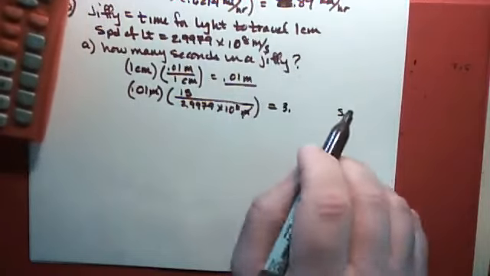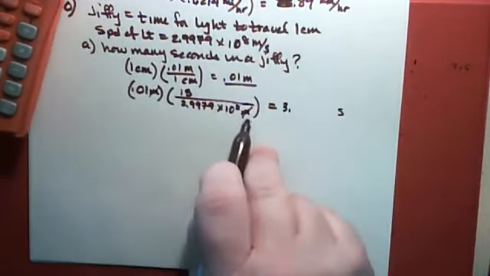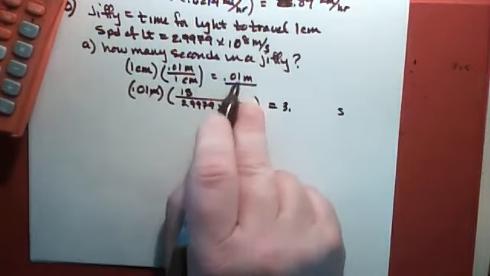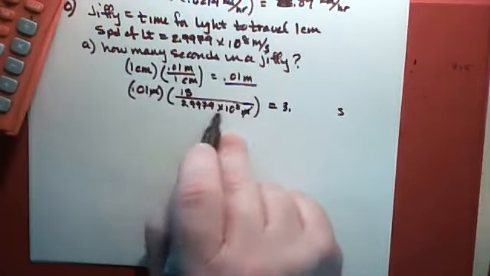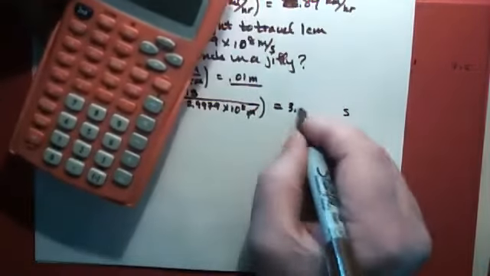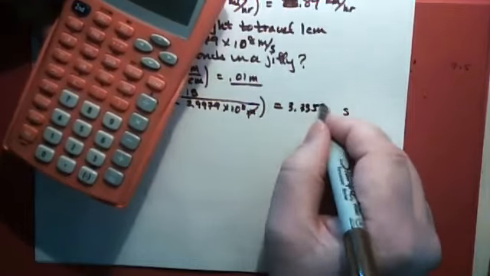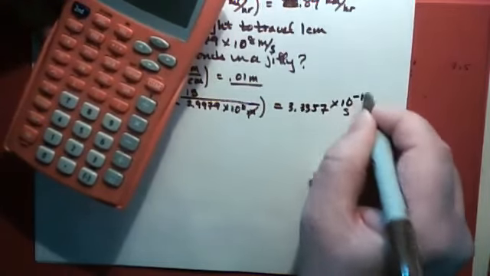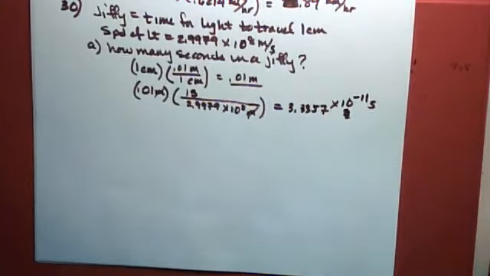So that means this is an exact number, and that also means that 0.01 meters is exact. So I guess we get to use 5 significant figures. 3.3357 times 10 to the minus 11 seconds. So there you go, that's a jiffy.